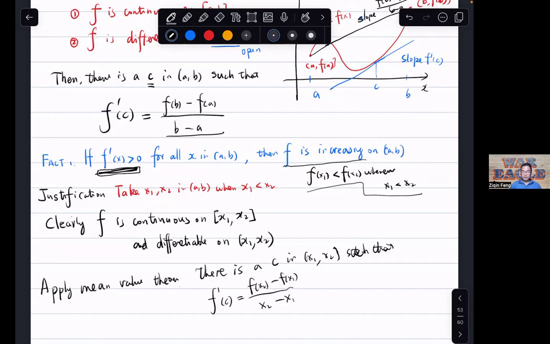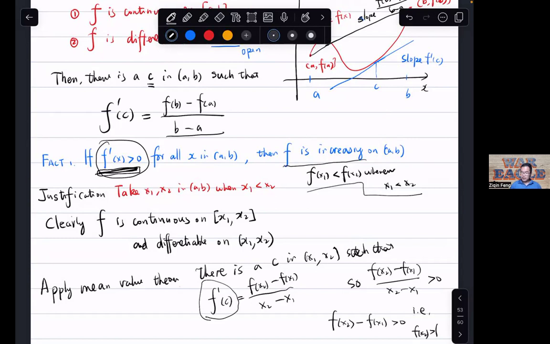Okay, we know that the derivative here is positive, which means f prime of c is positive. So f of x2 minus f of x1 over x2 minus x1 is positive. Because x2 is greater than x1, we get f of x2 minus f of x1 must be positive. That is, f of x2 is greater than f of x1.